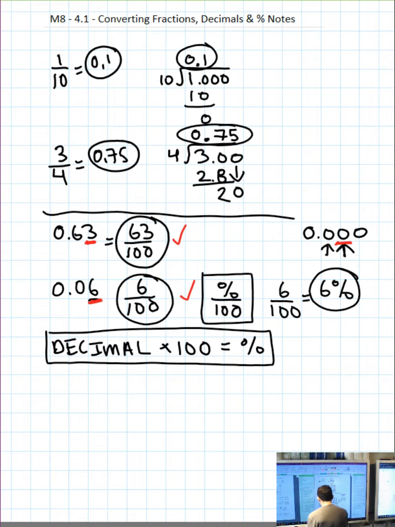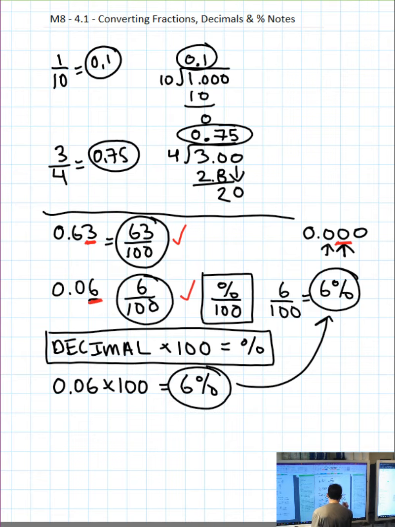So I can just take 0.06 and multiply it by 100 to get 6%, the same way we did using the formula. A percent is just a number over 100. If you get it to be a fraction over 100, well, the top number is the percentage. Or you can simply just use the formula, decimal times 100 is equal to the percentage.